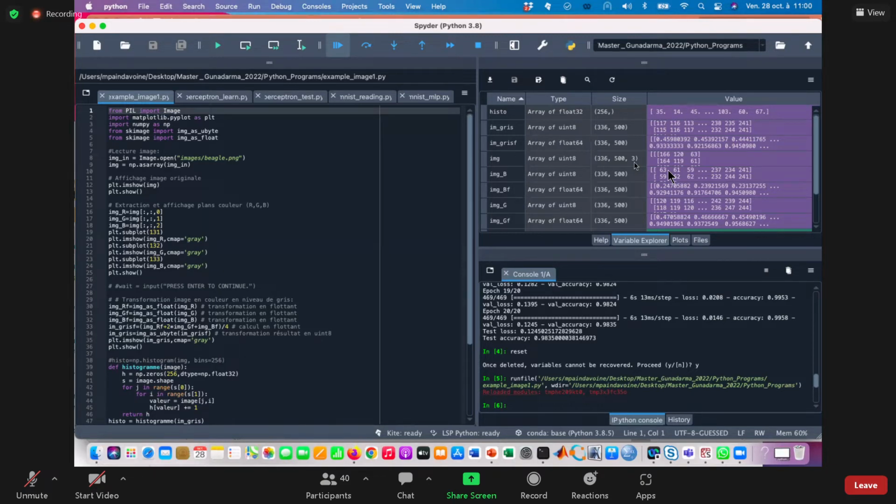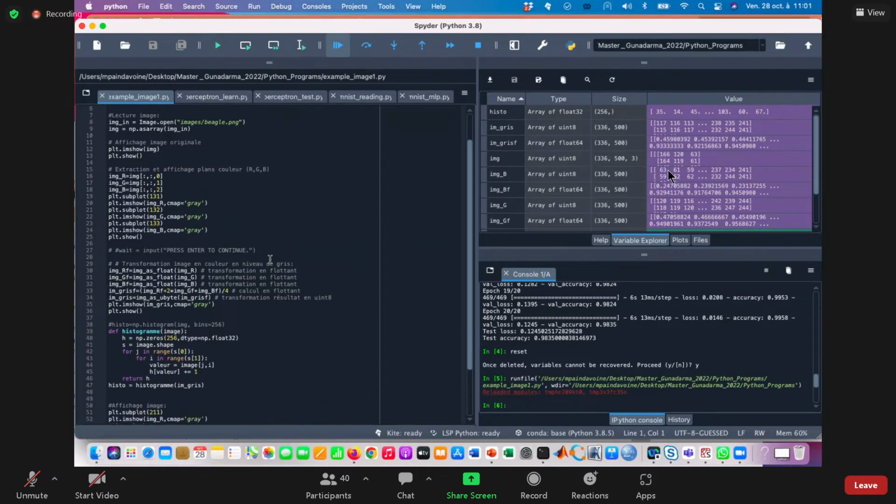So it means that we have 3 matrices from the mathematical point of view. As I explained before in my previous lecture, here I can extract from this one each channel, blue, green, and red, okay? And I can transform that also.